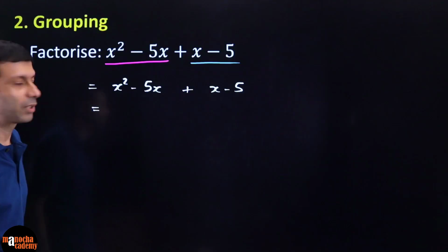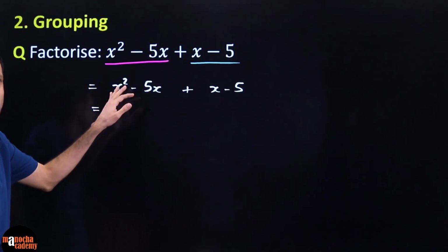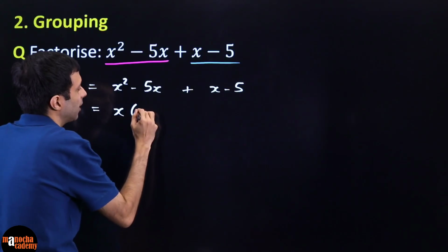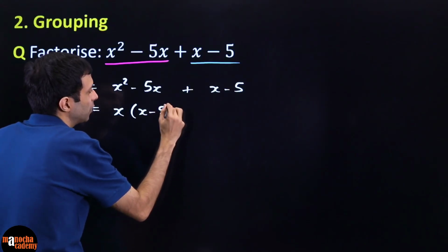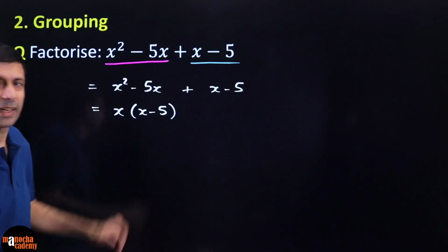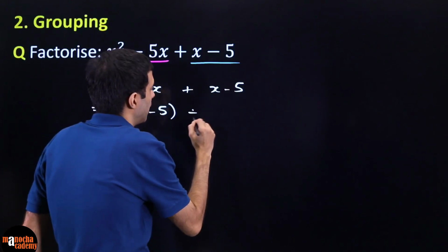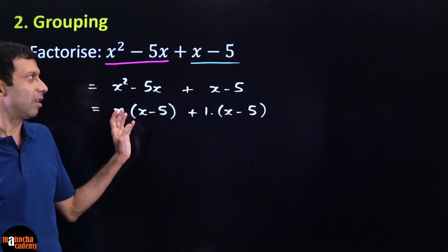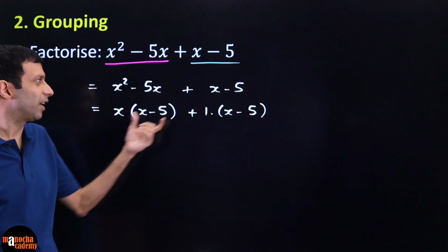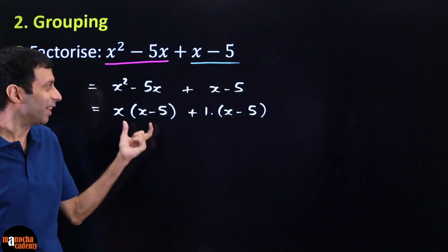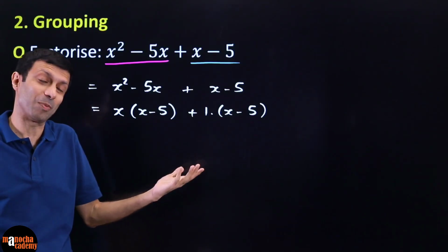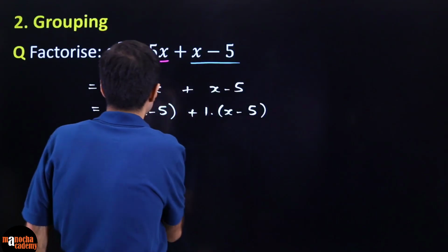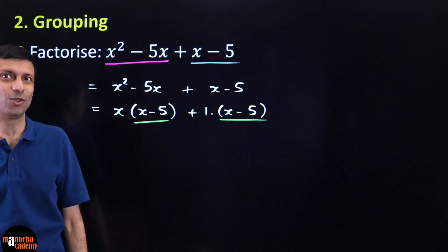Now let's see, we can take out some common factor here. So what is common between these two terms? X. So this becomes x times x minus 5, and this one I can write as plus 1 times x minus 5. Now if you take a look at these two terms, they magically seem to have x minus 5 common. You guys can see this part is common now. Yes or no?